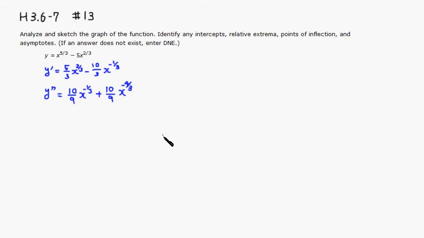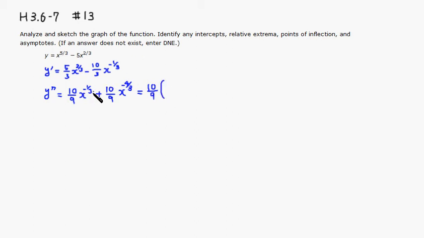Right, x to the, we have to subtract 1, so it's going to be negative 4/3. So we need to clean this up a little bit. So that's equal to, first thing is I'm gonna pull out 10 over 9.